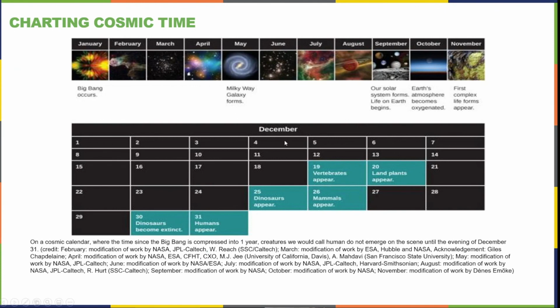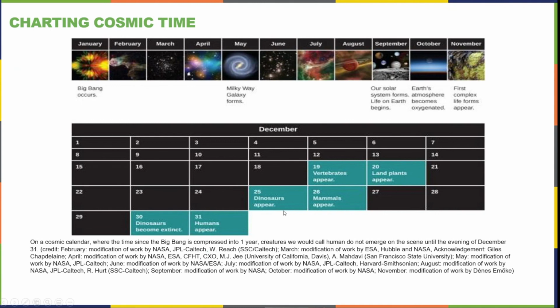And on December 19th, the first vertebrates, animals appear, and land plants appear on December 20th. First plants on land, they were all in the water before. And on December 25th, dinosaurs appear. First mammals appear on December 26th.